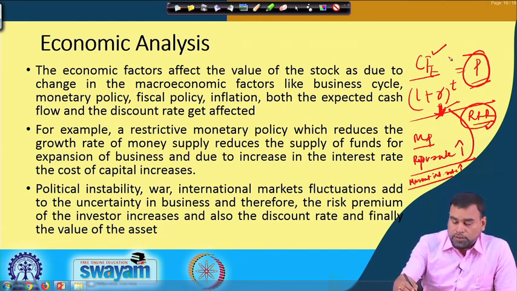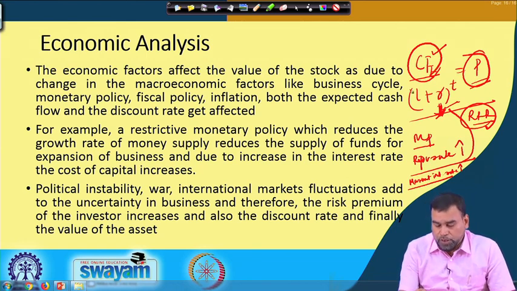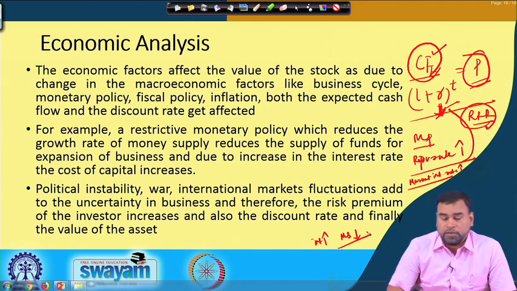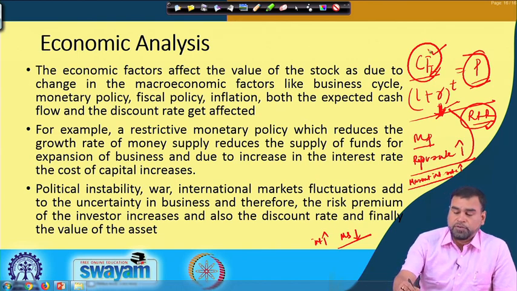And here the cash flow also gets affected, because if the money supply goes down, then obviously the interest rate will increase, and the availability of money in the market will be less. If the availability of money in the market is less, then obviously it will have an impact upon the cash flow.